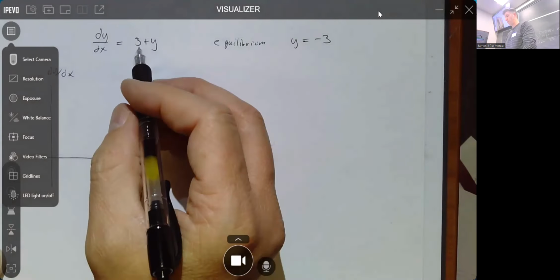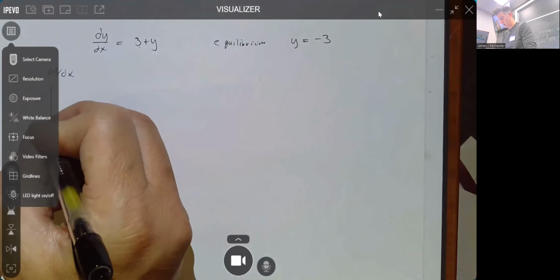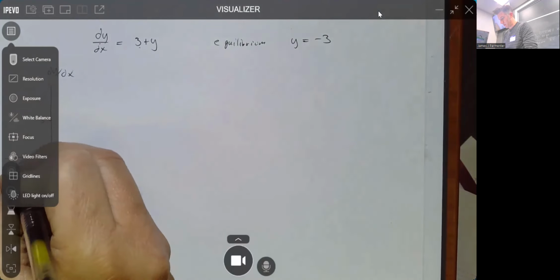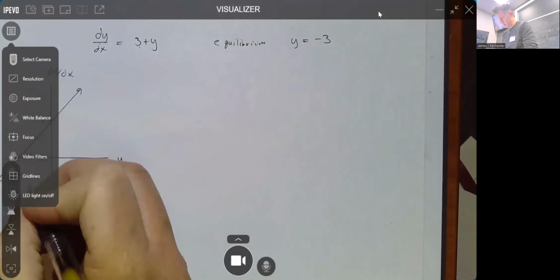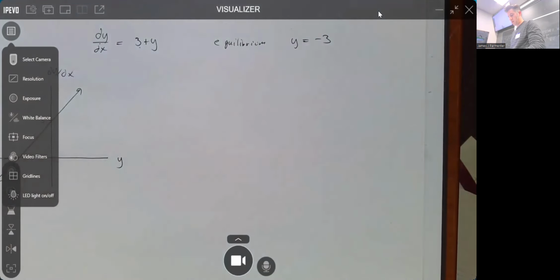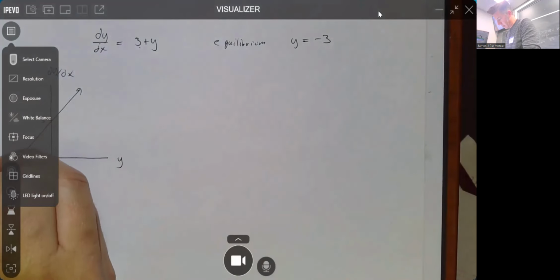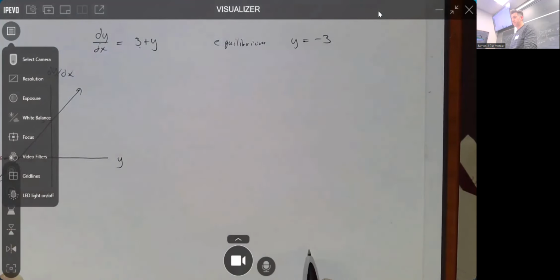I can graph 3 plus y, right? So if y is 0, I get 3. And if this is 0, I get -3. So there's my phase plot. It's very unexciting. But certainly, to the left, my derivative is negative, so I'm decreasing. And to the right of my equilibrium, my derivative is positive, so I'm increasing.